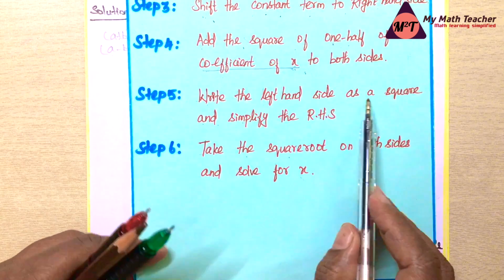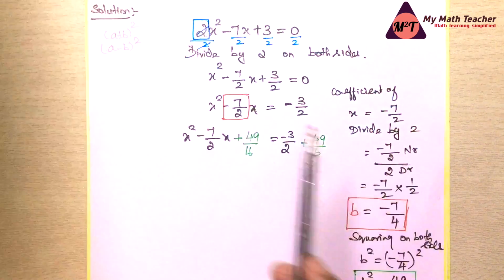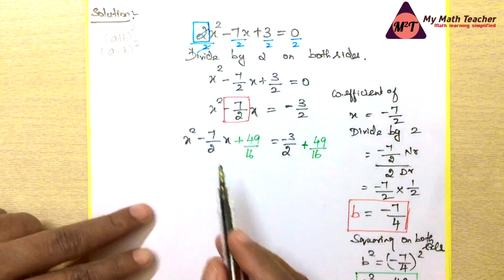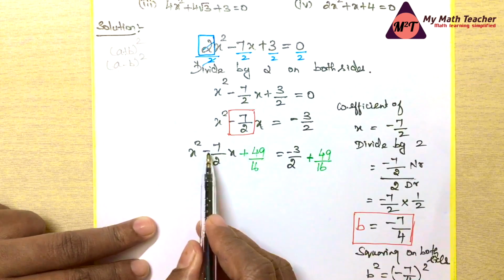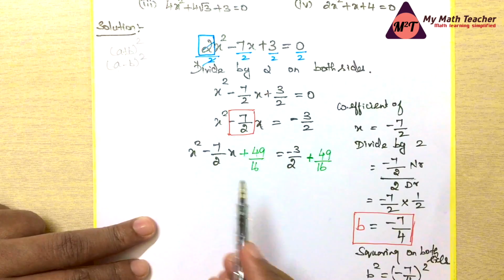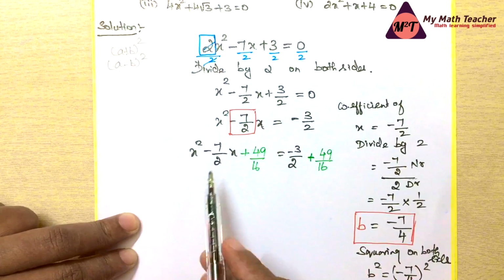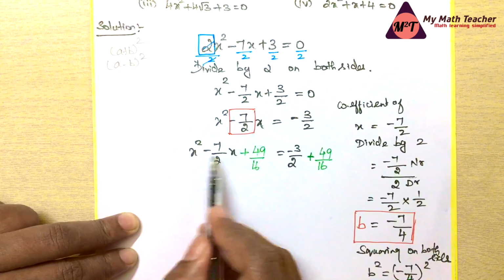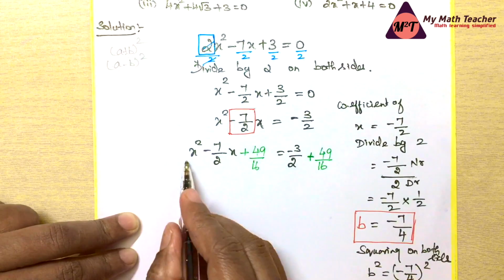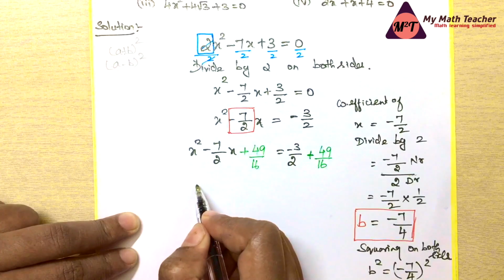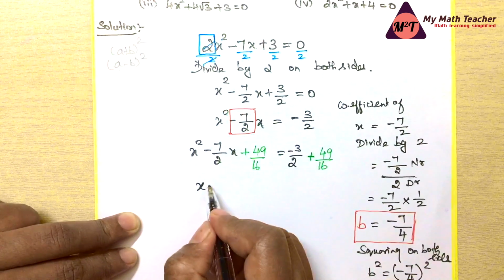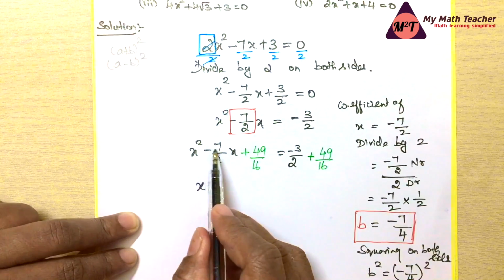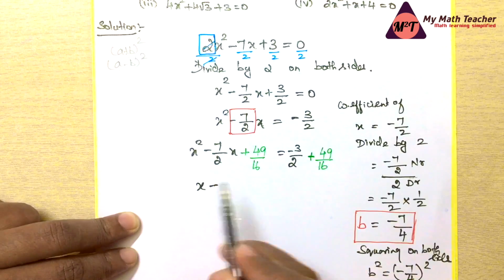Left hand side we are going to write as a square, which I have mentioned here. As you can see, a square minus 2ab plus b square is the a minus b whole square formula. Now what is a? Remember, a is always the variable. Variable here is x. It is minus because the negative sign is present here, so it should be a minus b.